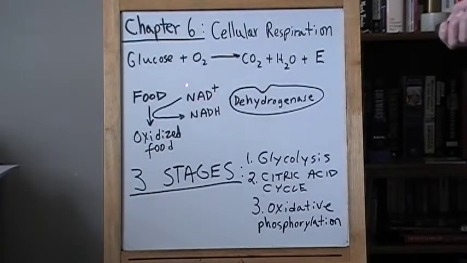Then these electrons are used to provide energy, as well as ATP being formed. There's basically three stages to cellular respiration. The first is called glycolysis. The second is the citric acid cycle, and the third is oxidative phosphorylation.